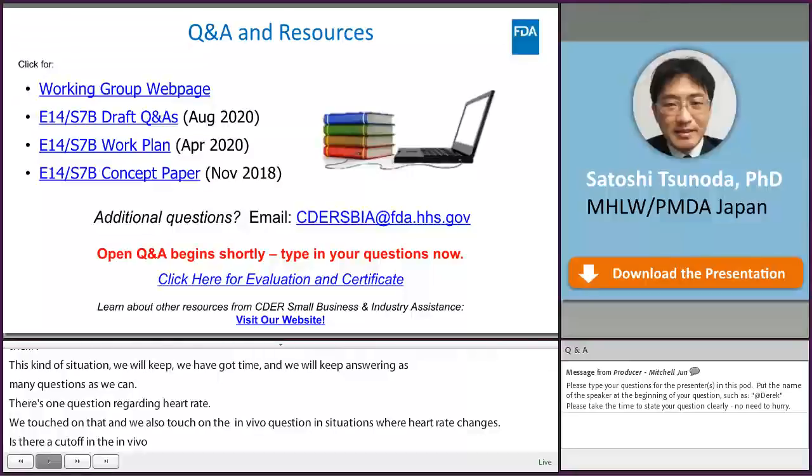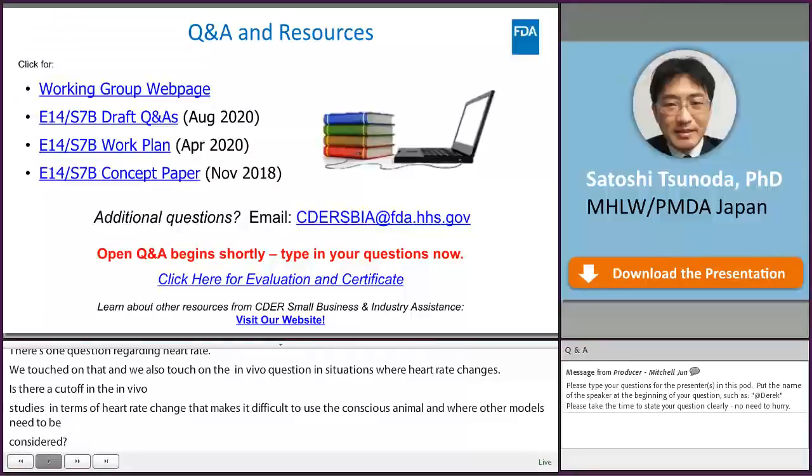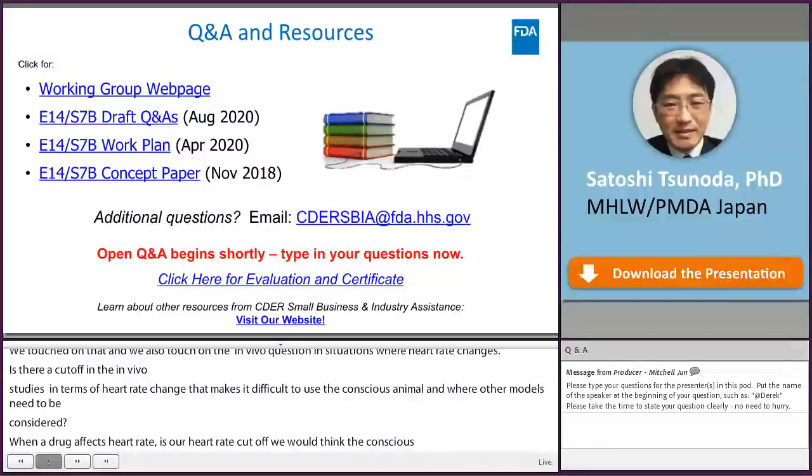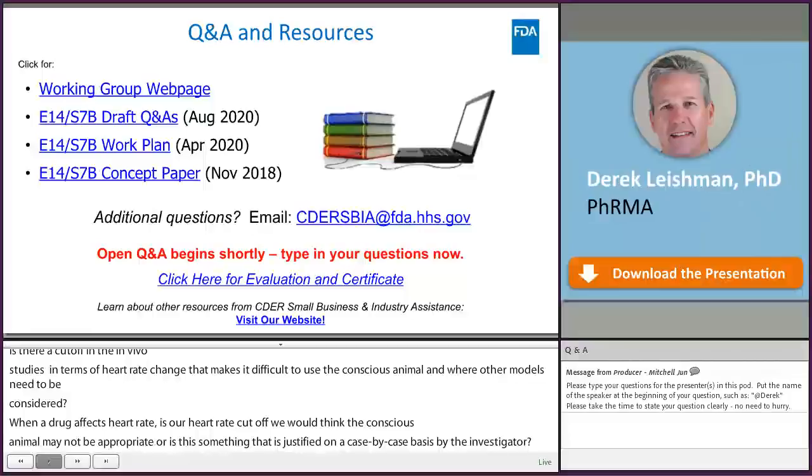Let me rephrase that question just to make sure that I was clear. When a drug does affect heart rate, is there a heart rate cutoff where you would think that the conscious animal may not be appropriate, or is this something that is justified case-by-case by the investigator? Yeah, I think the case-by-case approach is very important in case of heart rate changes.